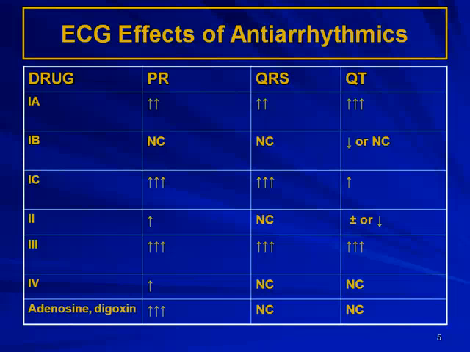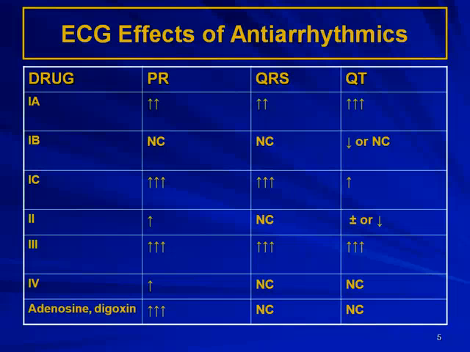So if you move to slide 5, this is where the value of having the Vaughan-Williams classification becomes important. We are able to talk about the general electrocardiographic effects of class 1A drugs, 1B, 1C. On this particular table, you'll notice a couple of things that are important to recognize.